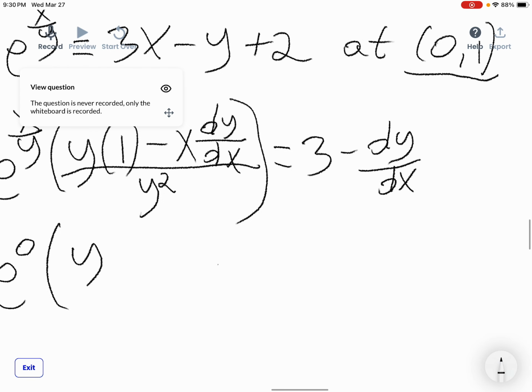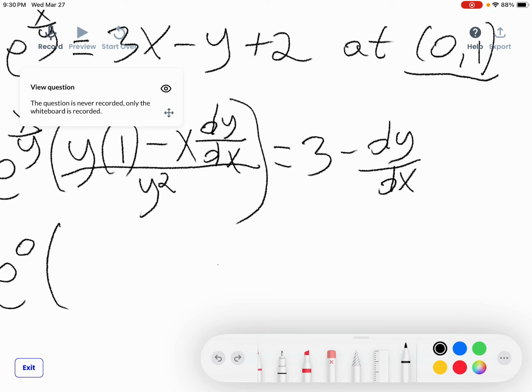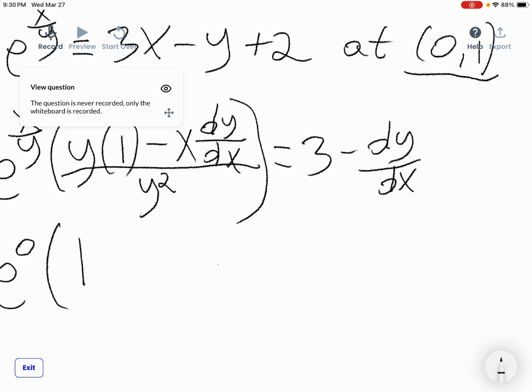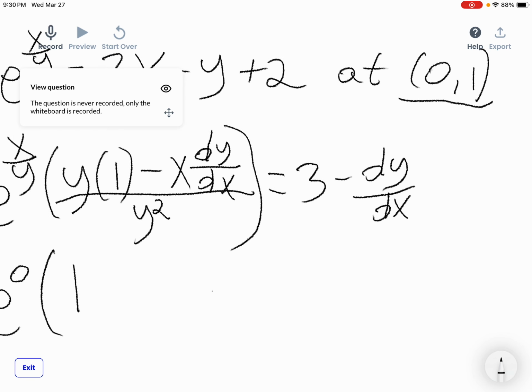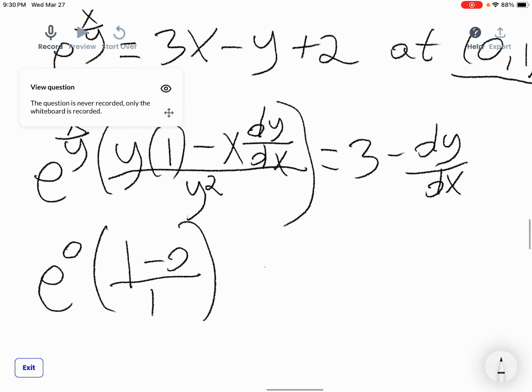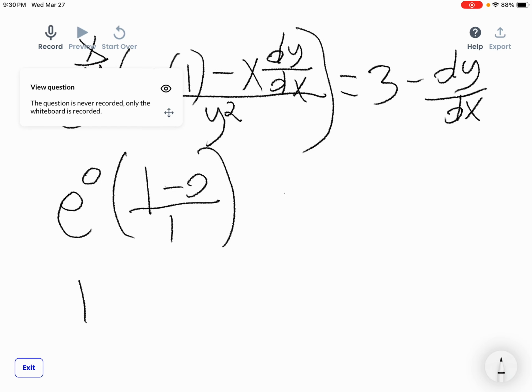So we have e to the 0, which is 1, times 1 minus x, which is 0, so 0 times dy dx is just 0. So minus 0 all over y squared, and y is 1, so over 1 squared, which is just 1. Well, 1 minus 0 is 1, over 1 is 1. So this is 1 times 1, which is 1.